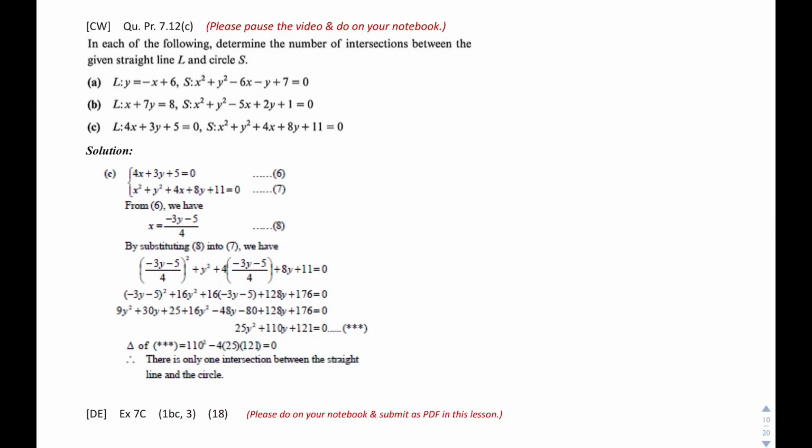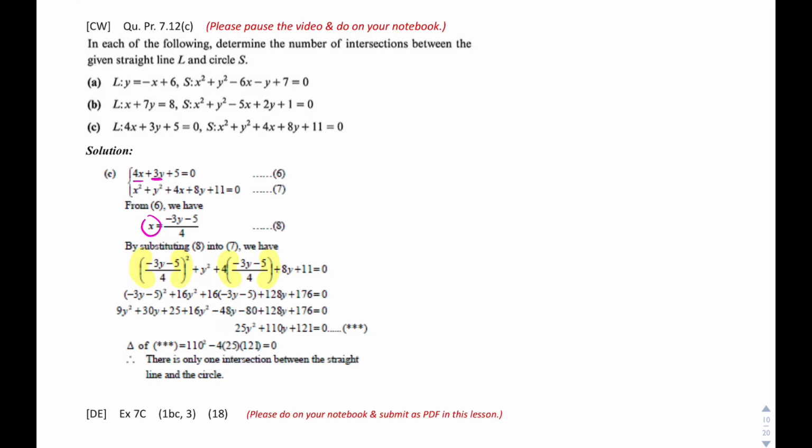For these questions, the solution is as follows. Because the coefficients of both x and y are not equal to 1, you can choose either x or y to be the subject of the equation. Say, if you choose x, then you just substitute this into the equation of the circle. And be careful of the brackets.